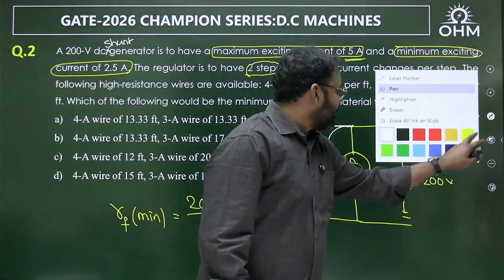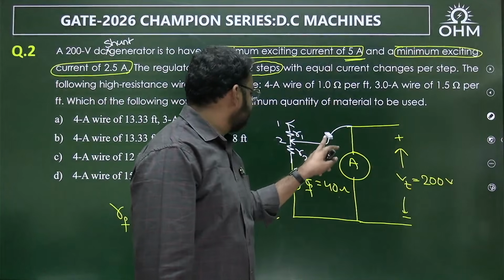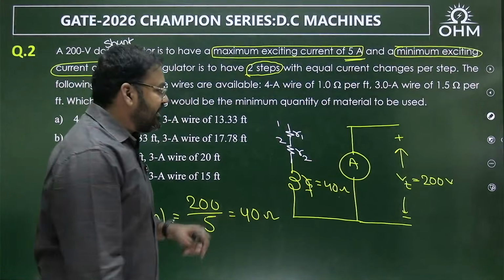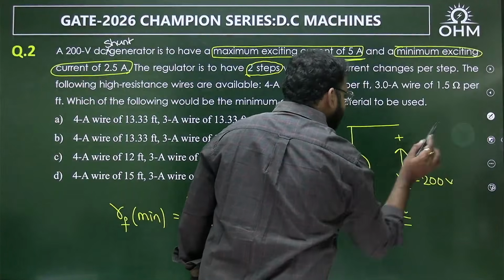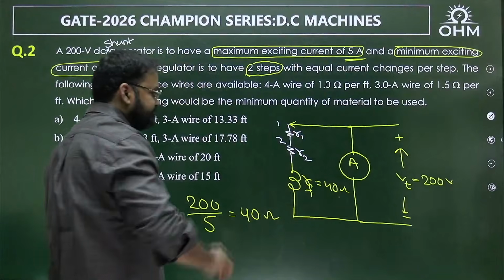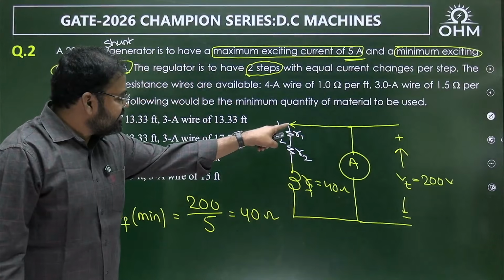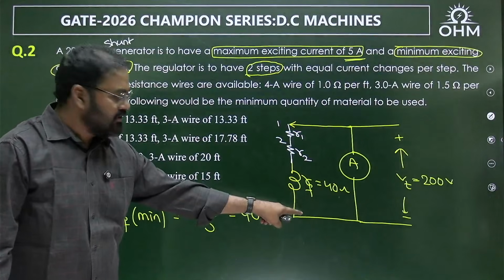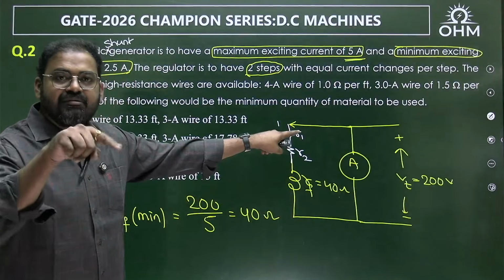Okay, all right. So this is the field resistance strategy. Now tell me, when will the field current be minimum? If you place the regulator at step number 1, you see the highest resistance is there in the field. Highest resistance means the minimum current will flow.